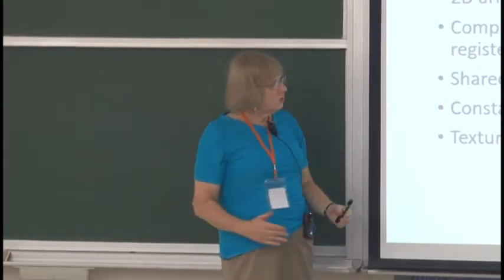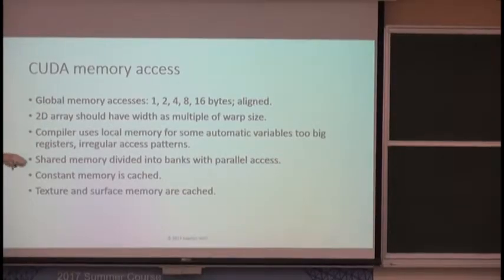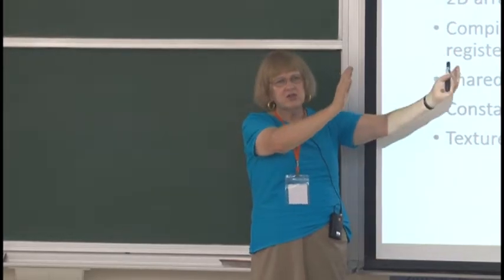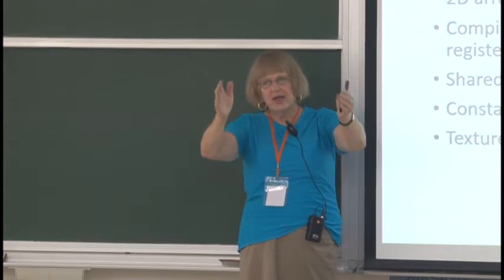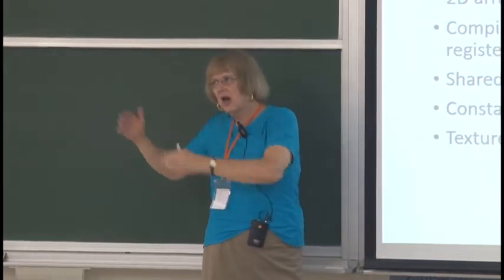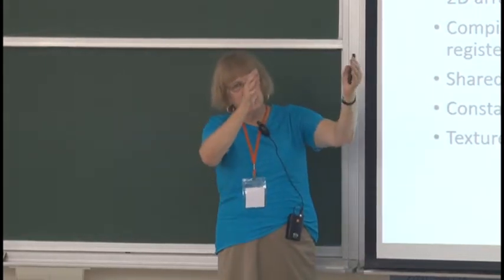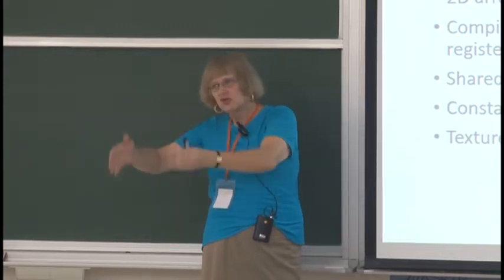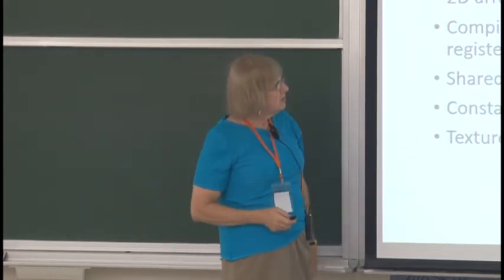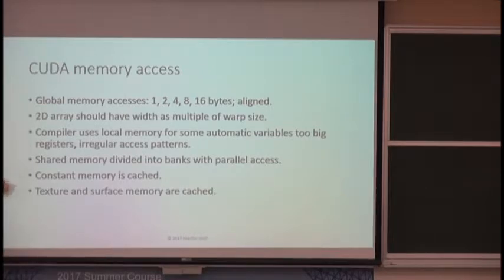Okay? So as we walk down the second axis of the array, we're going to go this way. But on the first dimension, each thread in the warp gets mapped into a different column of the memory. Okay? The compiler will take care of a few issues for you by using local memory for some automatic variables.